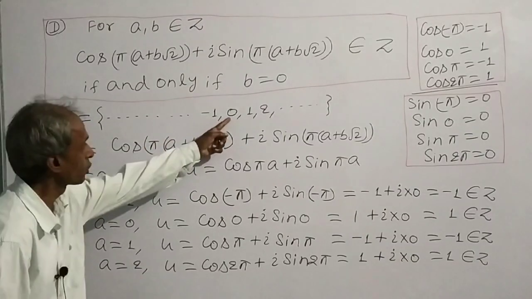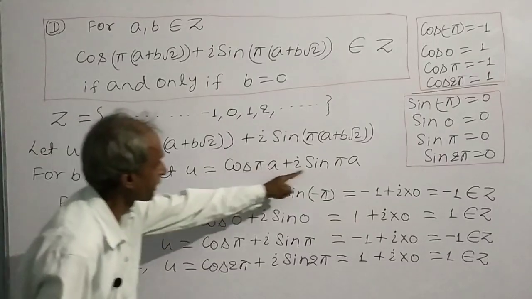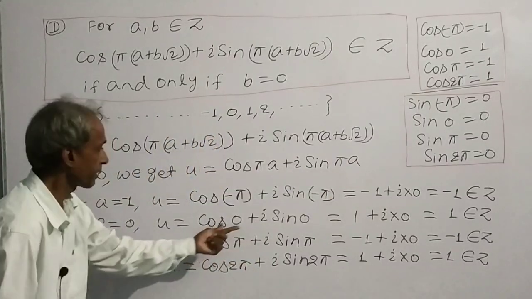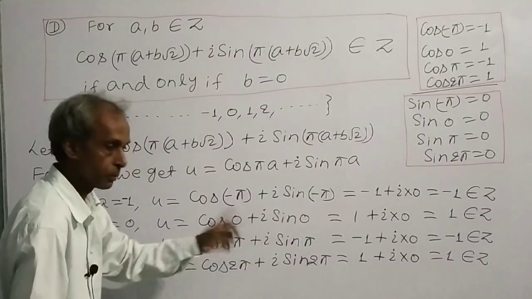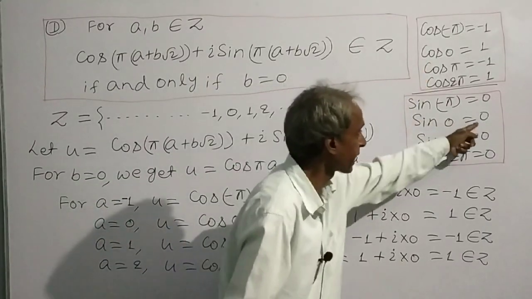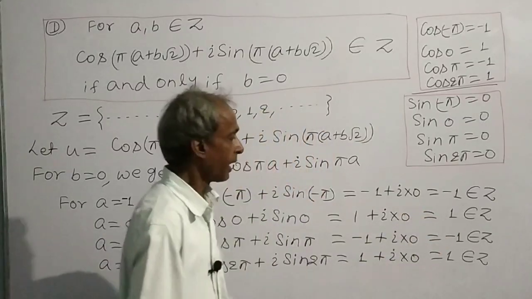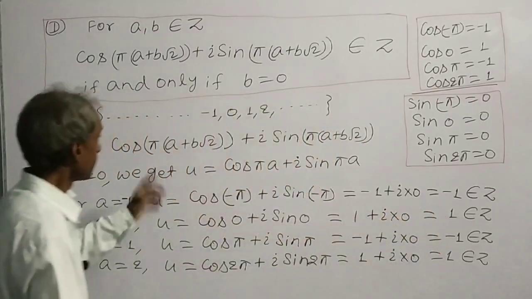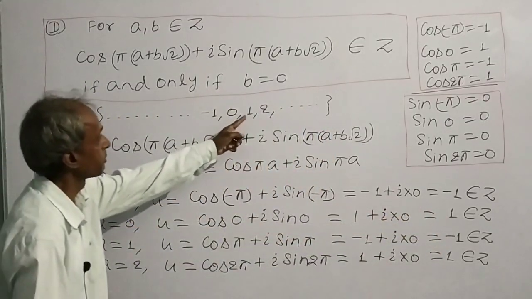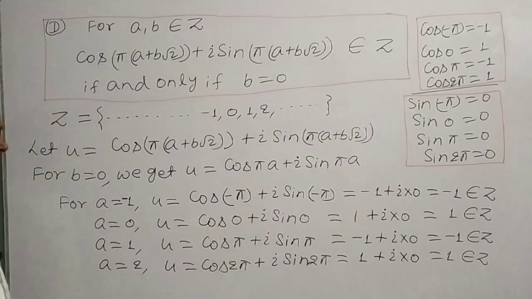Similarly, when we put 0 in place of a here and here, then we get this. We write the value of cos 0 from here and sin 0 from here, then we get 1, and this one is an integer because this one is written in this set.